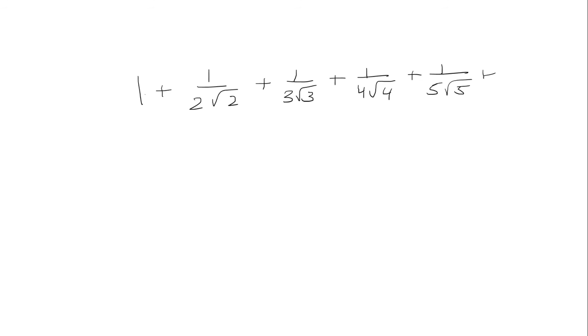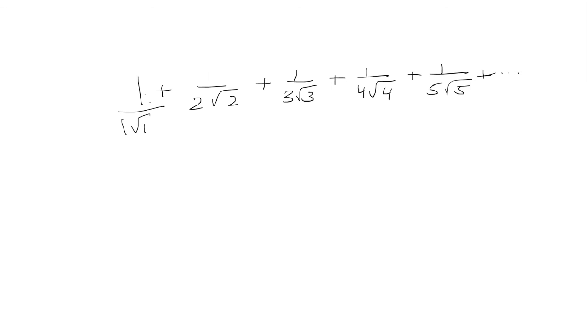Okay, let's look at another one. This one is going to be similar, but we introduce a number in front of the square root. So this one, we can write this out as 1 over 1 times root 1.